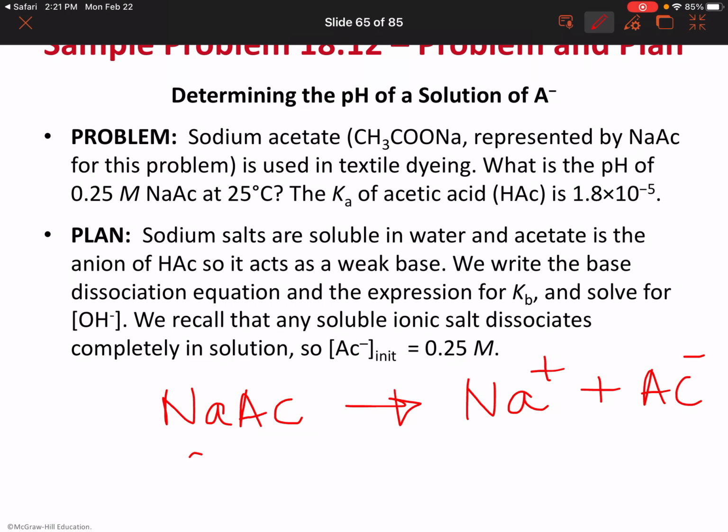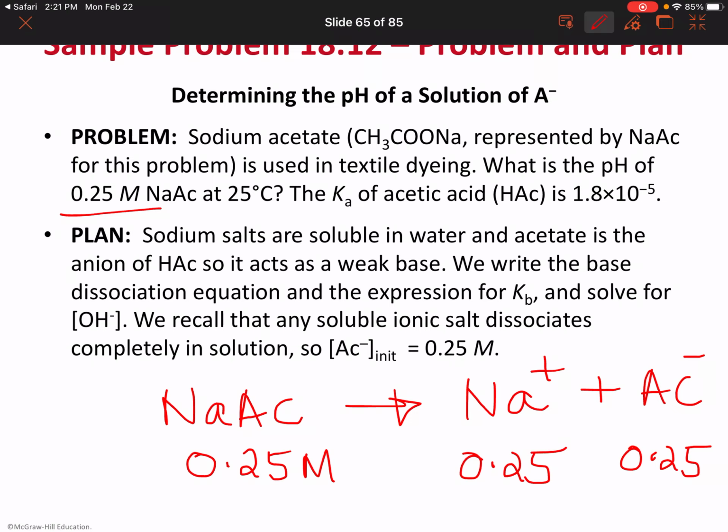So if you started with 0.25 moles sodium acetate, your acetate ion is also going to be 0.25. Sodium ions are also going to be 0.25 because sodium acetate is a strong electrolyte. It will completely dissociate into sodium ions and acetate ions.